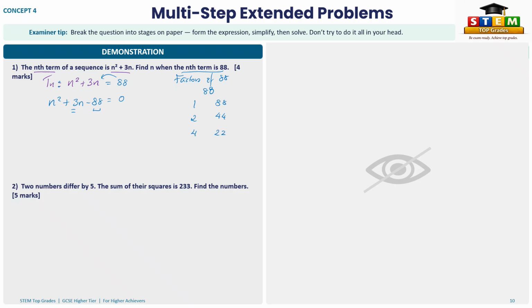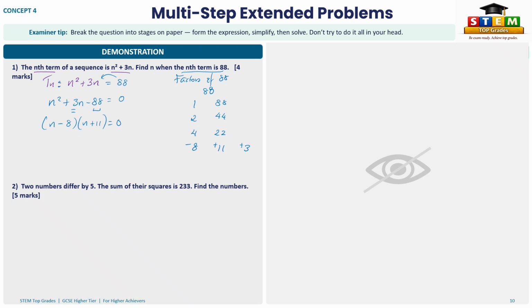You're still not going to get a difference of 3. You can't do 5, you can't do 6, you can't do 7, you will do 8: 8 and 11. Yeah, that one gives you a 3. To get a positive 3, you need positive 11 take away 8. So therefore you're going to factorize this as follows: minus 8 in here and plus 11.